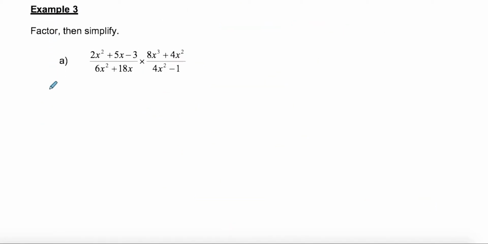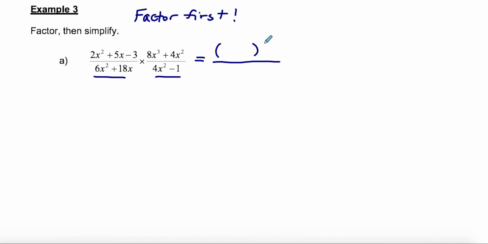Here's a multiplication question. So I'm going to have to state restrictions from here and from here once I've factored though. So factored form first. Oh my gosh, factor first. So what I see here is a complex trinomial, which I'm going to just do trial and error to get my answer.